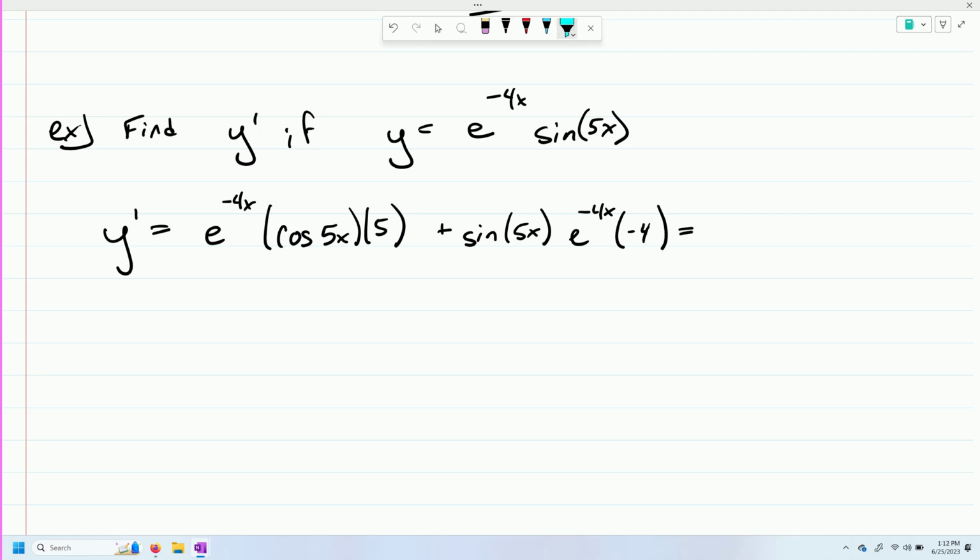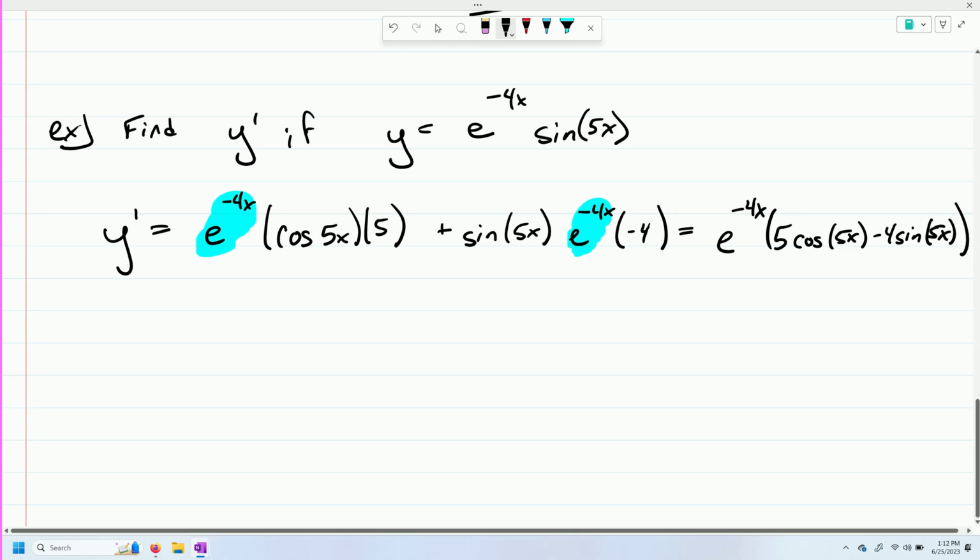If you notice, we have e^(-4x) in both terms, so we can factor that out to give us e^(-4x) times the quantity 5 cosine of 5x minus 4 sine of 5x. And there we go.